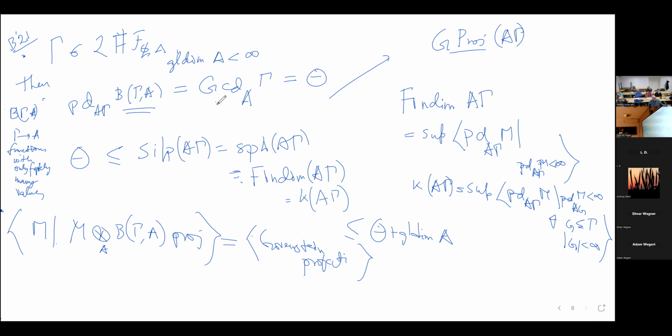Well, there was one theorem I had that was going the other way, but still similar. For representation theory of, let's say, Artin algebras, there is an open question whether the findim of an Artin algebra is always finite.